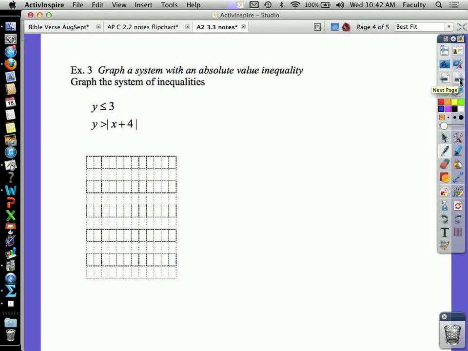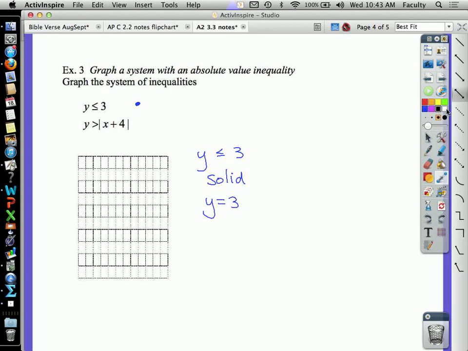All right, example 3. What if we throw in an absolute value inequality, which is what we did in chapter 2? So I'm going to do my first color in blue. You pick your first color. This is solid. What do I know about y equals 3? What kind of line is that? Good job. That's horizontal.